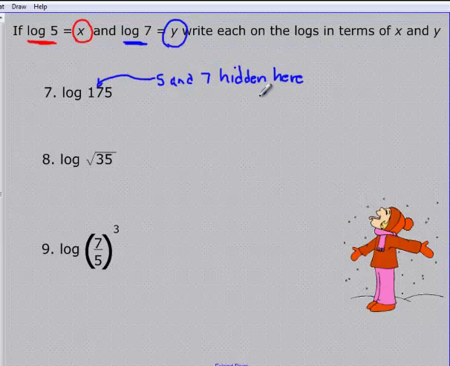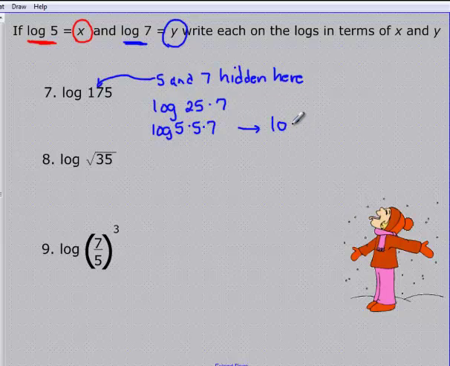All right, so if I look at this, 175 is 25 times 7. I'm getting there. And 25 is 5 times 5. So look, I found 5 and 7. Now if I keep rewriting this, we know there's no such thing as multiplication.